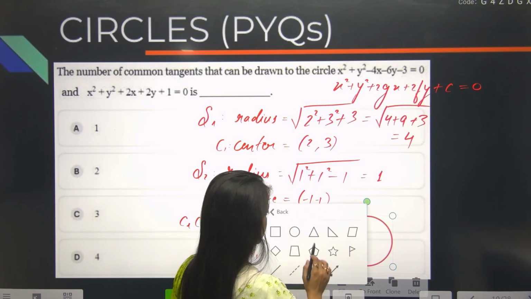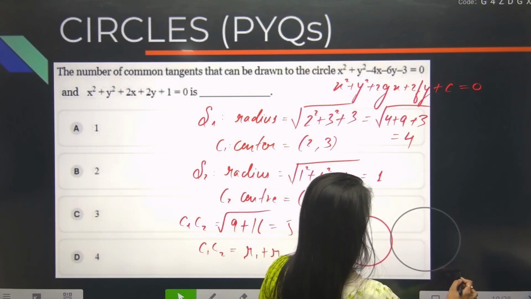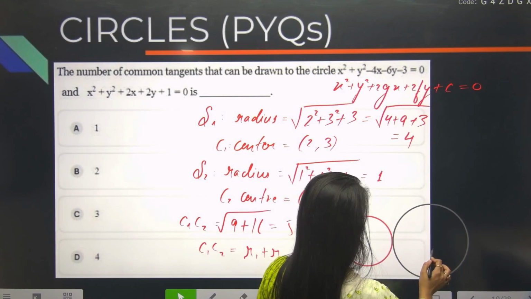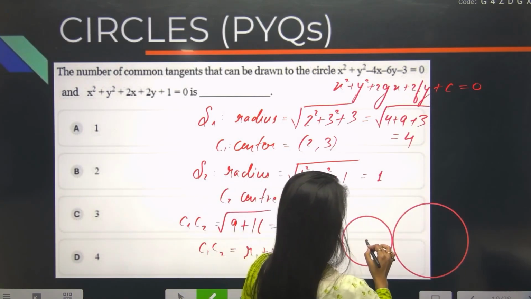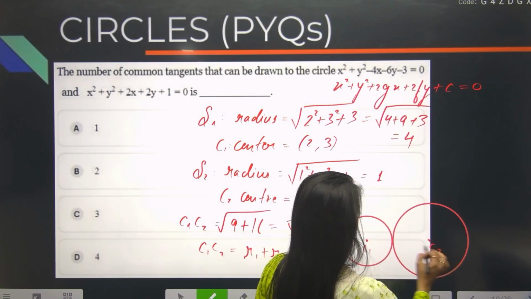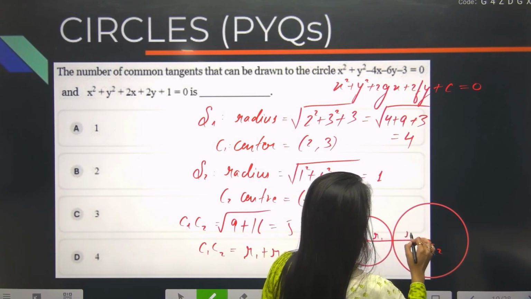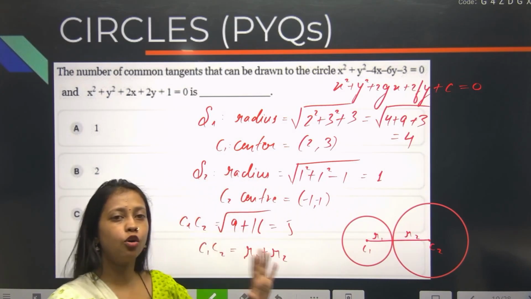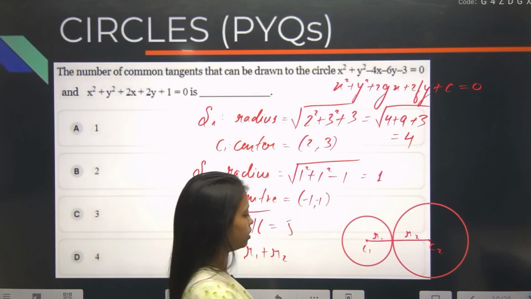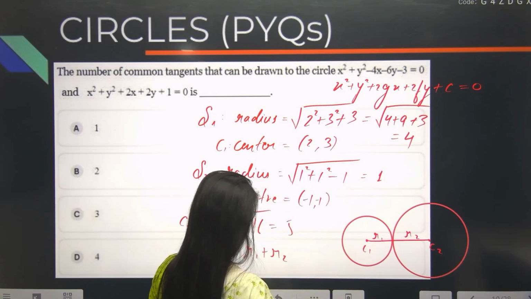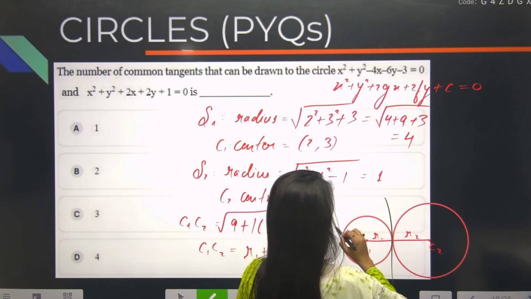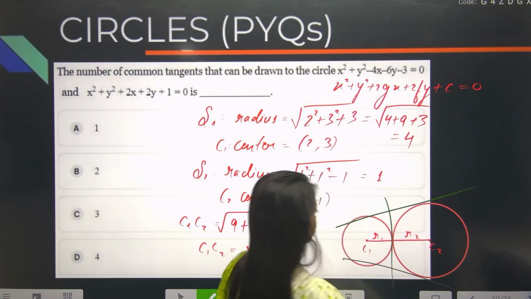The question is done already. C1C2 is equal to R1 plus R2, externally. How many common tangents are present here? 1, 2, 3.